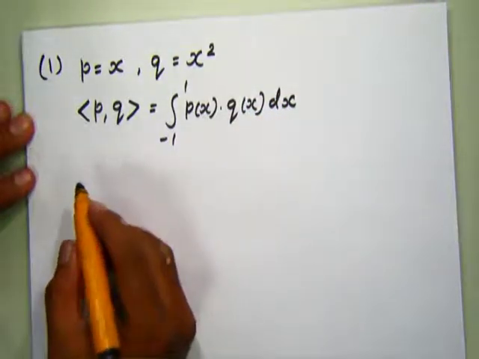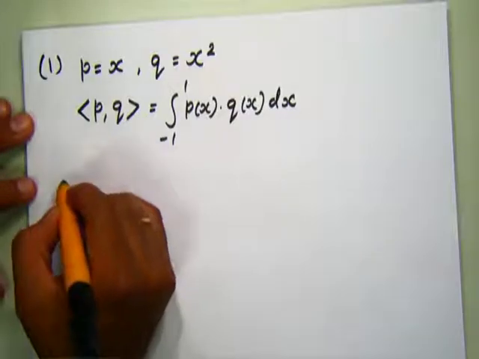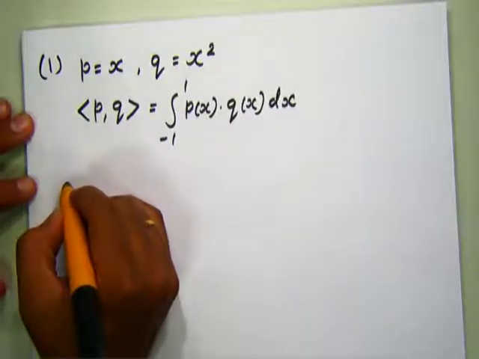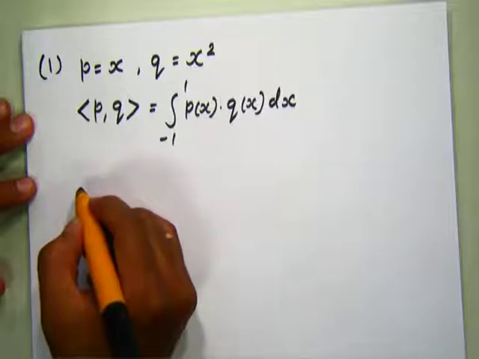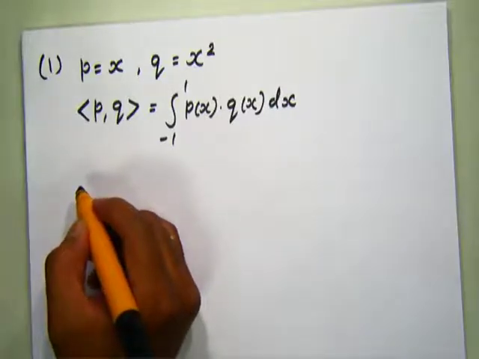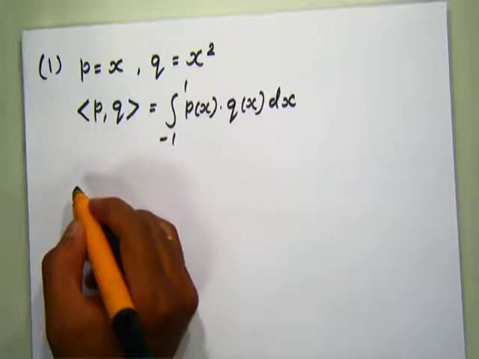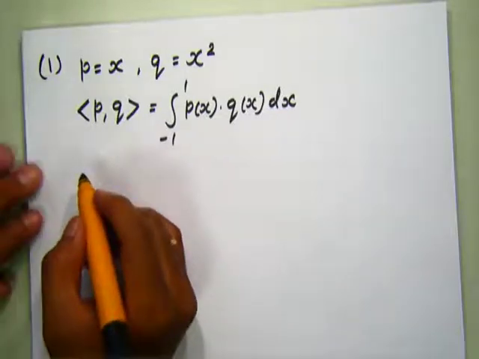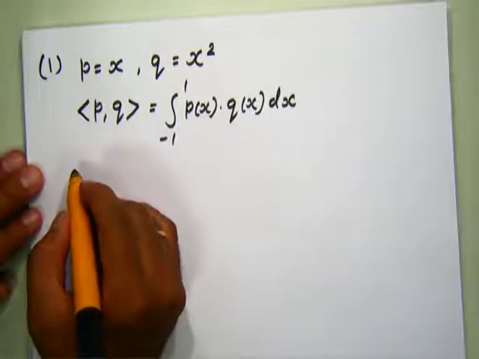Now first of all, we have to check whether P and Q are orthogonal. If they are orthogonal, then and only then can we verify the generalized theorem of Pythagoras. This is the hypothesis of the generalized theorem of Pythagoras.